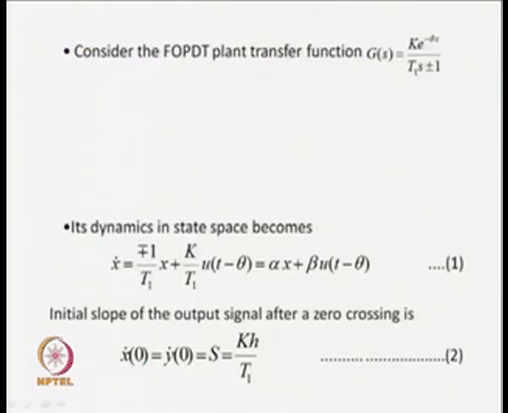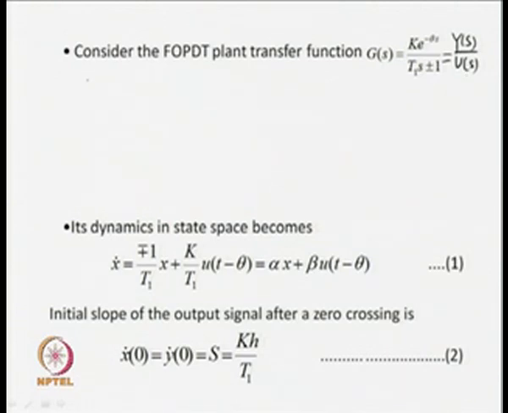Consider, for analysis of the closed loop relay control system, the first order plus dead time plant transfer function G(s) equal to K e to the power minus theta s upon T1 s plus minus 1, which is nothing but equal to Y(s) upon U(s), where y is the output and u is the input to the system.